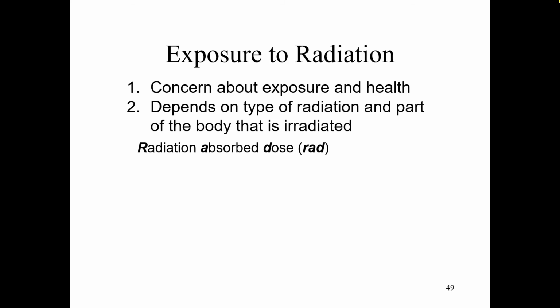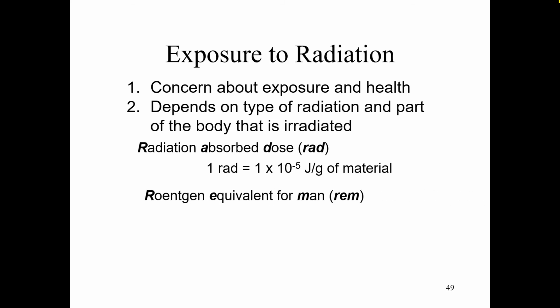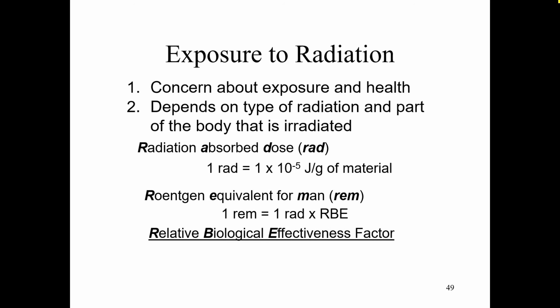Essentially, 1 rad is 1 times 10 to the negative 5 joules per gram of material. Now, remember we said the type and amount of radiation, but also the part of the body. So we have what are called REMs, or Röntgen equivalent for man, which is essentially 1 rad times a factor called the relative biological effectiveness factor.